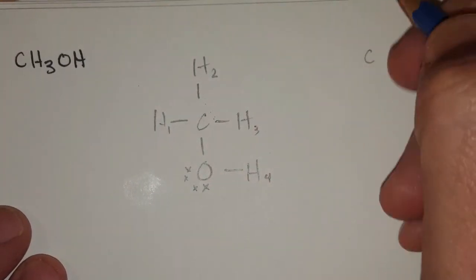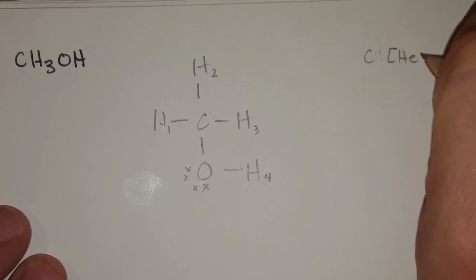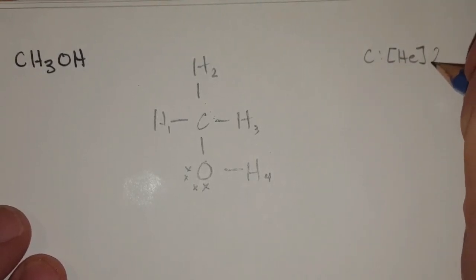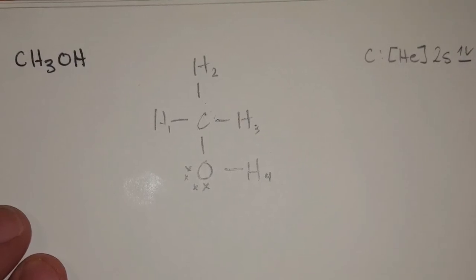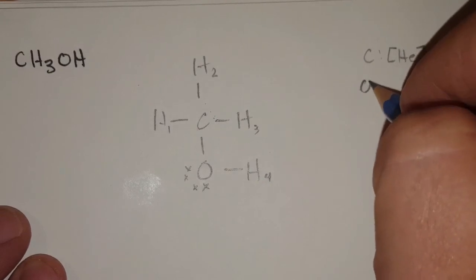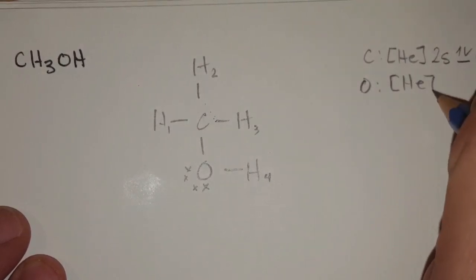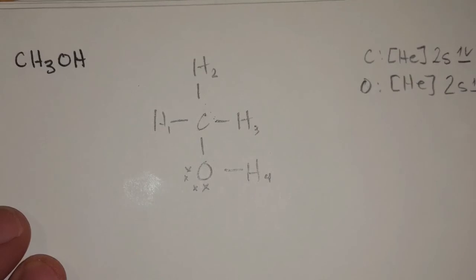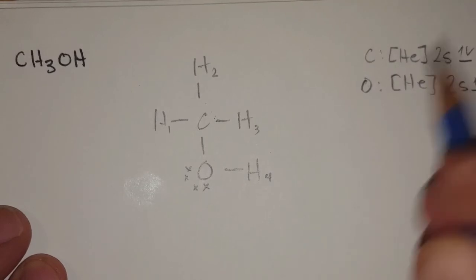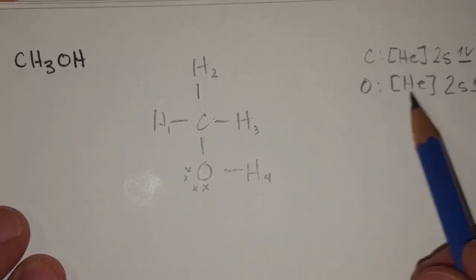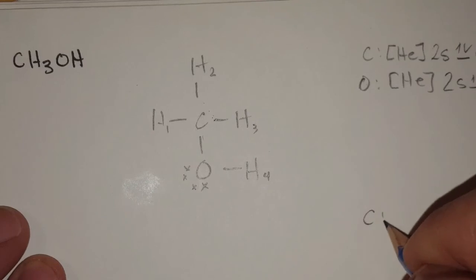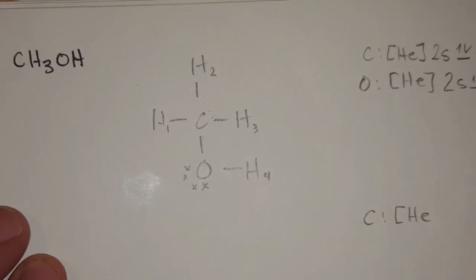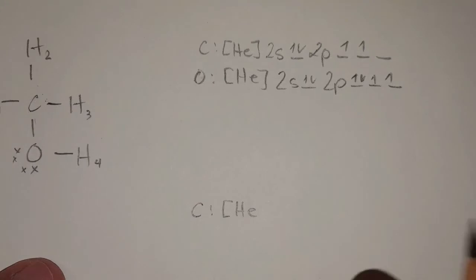So I write out the valence energy level diagram for my carbon, and I'll do the same for oxygen. Now, because they're single bonds for all of them, both of these, when they hybridize, will not need to keep back a p orbital.